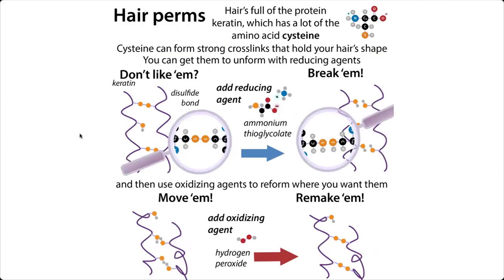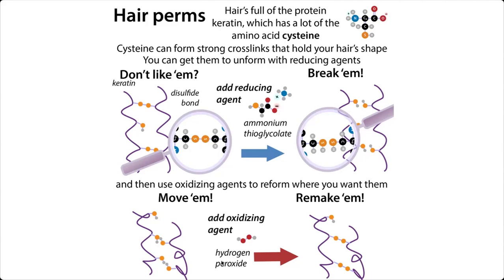At the salon, you might use a molecule called ammonium thioglycolate. Cysteine crosslinks hold together proteins in your strands of hair. So the protein keratin is really abundant in your hair, and it's got a lot of cysteines. Those cysteines form crosslinks, and depending on how they form those crosslinks, you might get really curly hair. If you use this reducing agent, you break up those crosslinks, and then you can add an oxidizing agent like hydrogen peroxide.